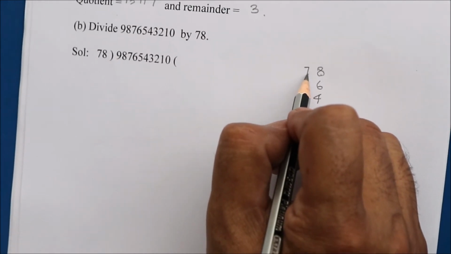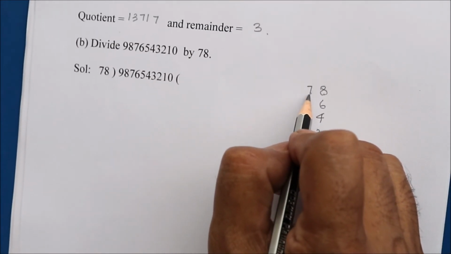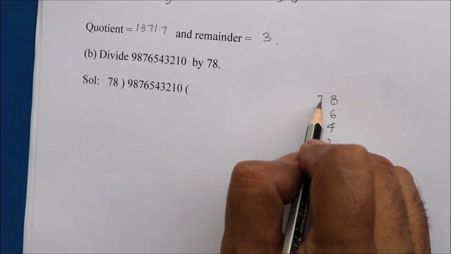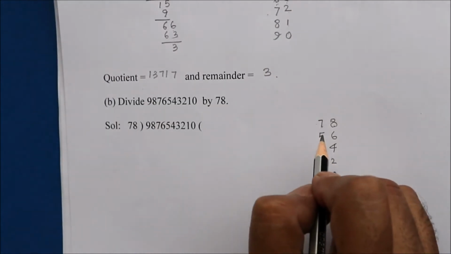Plus 8 minus 2. 5 minus 2, 7 minus 2, 5. Carry over 1. 0 plus 1, 1.